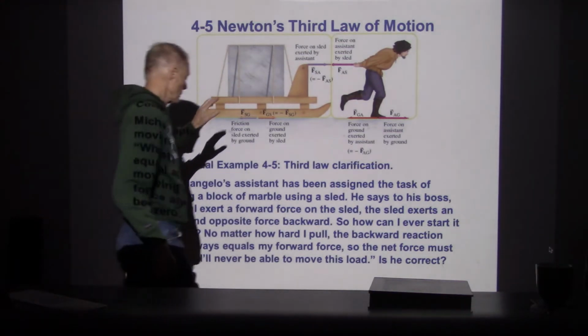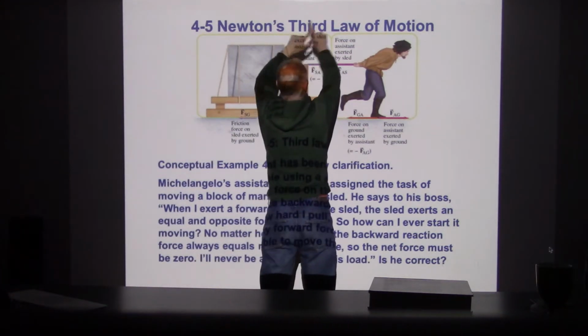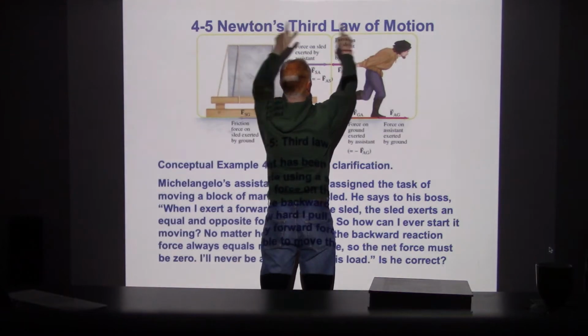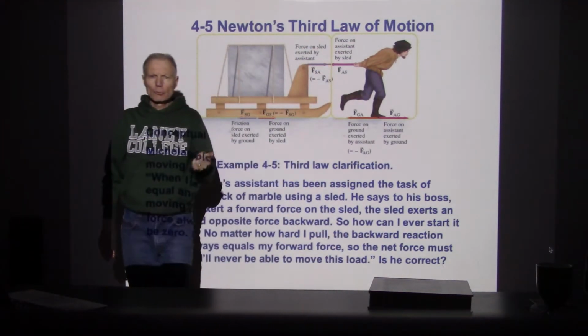If we do that, then we don't have to consider the tension anymore. So if we draw the box big enough to include both objects, then we ignore what we call internal forces.